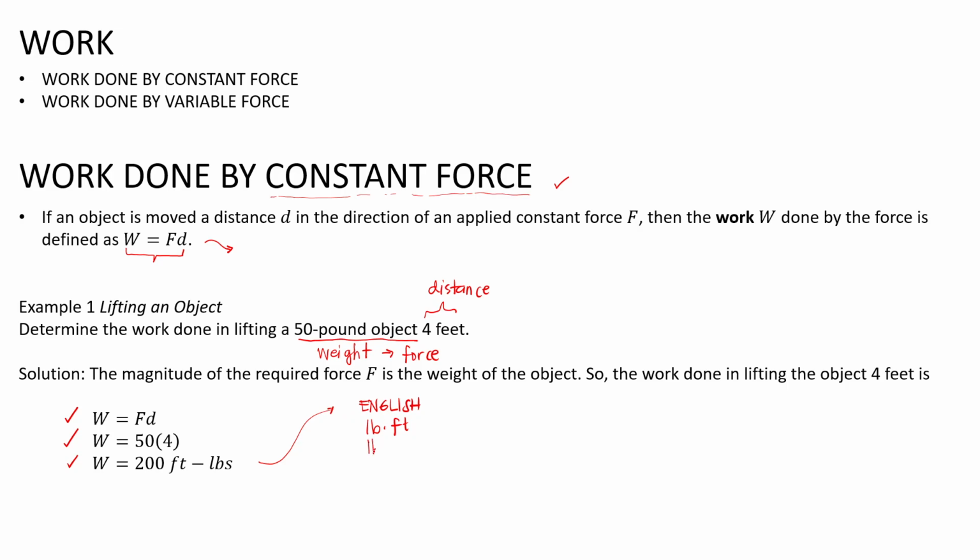It could also be pound inch. In the metric system, I think the most popular unit for work is joules. Or if you don't want joules, it could also be kilonewton meter, newton meter, or newton millimeter. Those are the different metric measurements for work units.